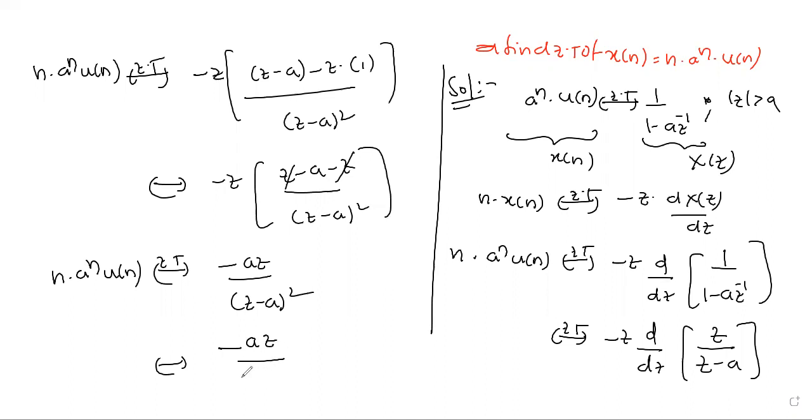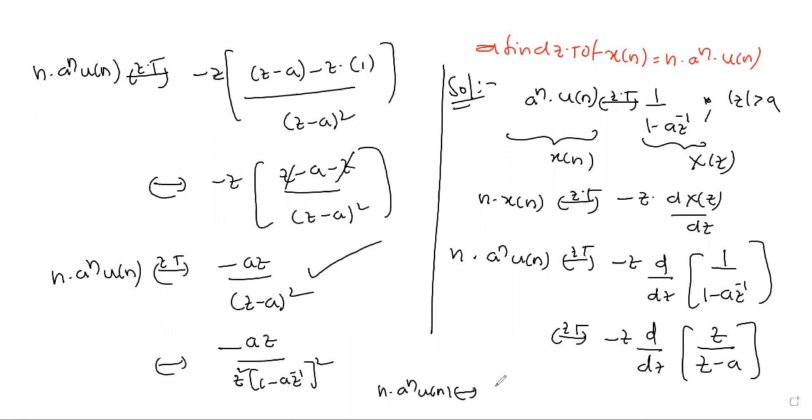Minus az by z squared, taking z common, gives 1 minus a z inverse whole square, and z squared is outside. So this is also a correct answer.